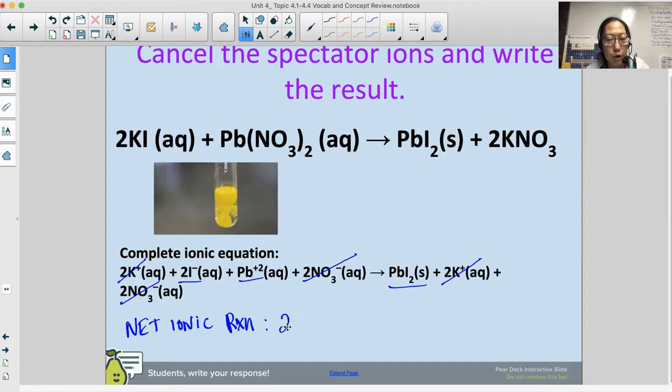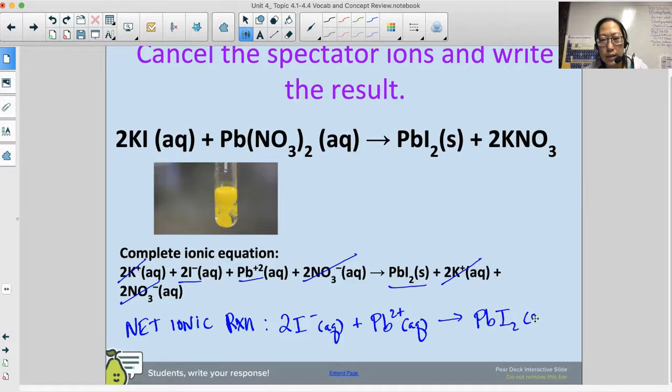So I'm going to put in here 2I minus aqueous plus Pb2 plus aqueous yields PbI2 solid, right?